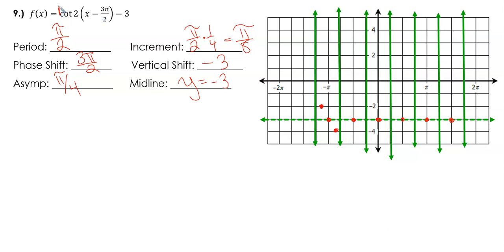My number here is 1, so I'm going up 1 and below 1 above my midline. 1 above, 1 below my midline. So this is our graph here because we're going to hit here and here. Same thing here, halfway between high and low. And remember, cotangent is going in a negative direction when we are positive function. It is the opposite of tangent.